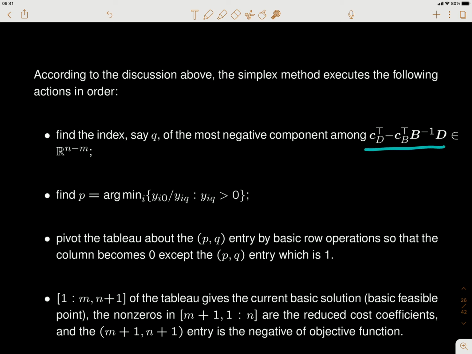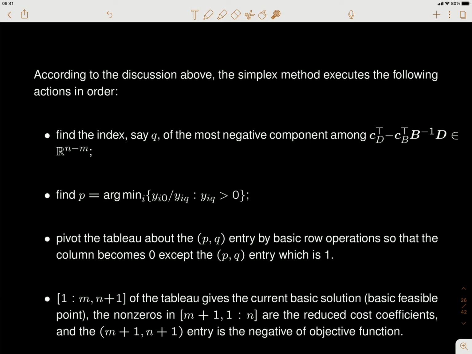We pick the most negative component from this vector, say it's the qth one, and the corresponding AQ will be the new basic column to enter.